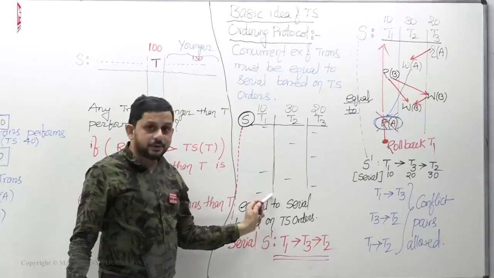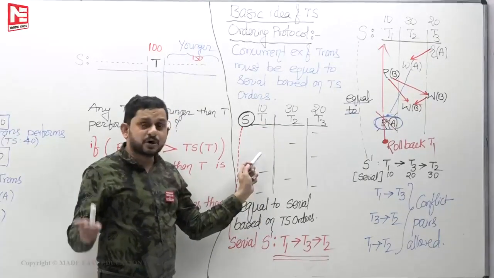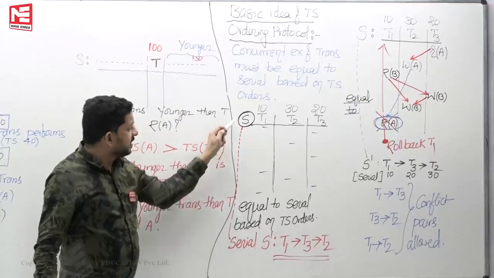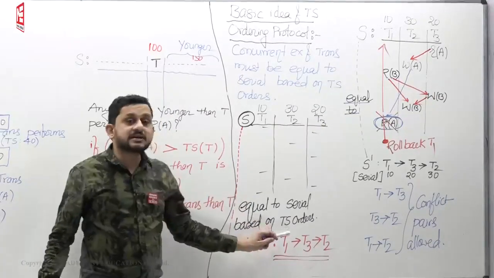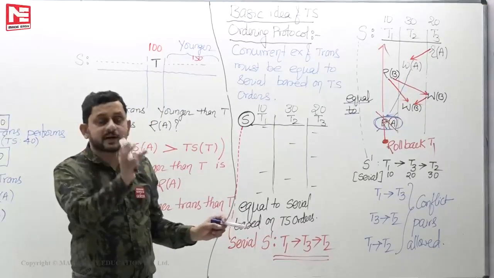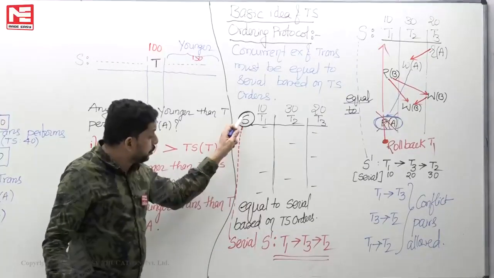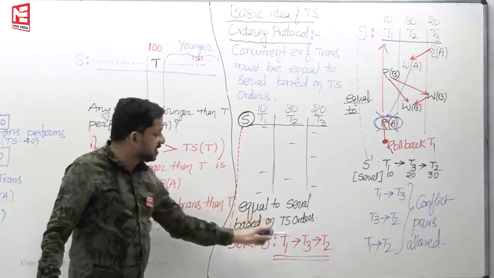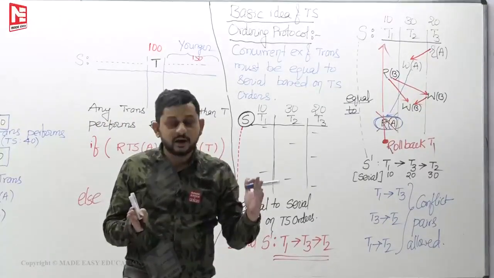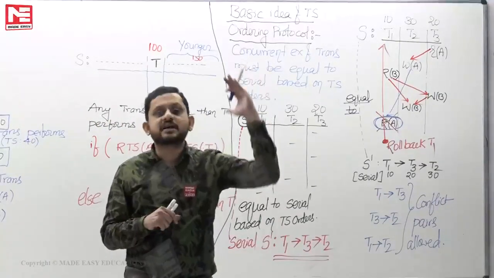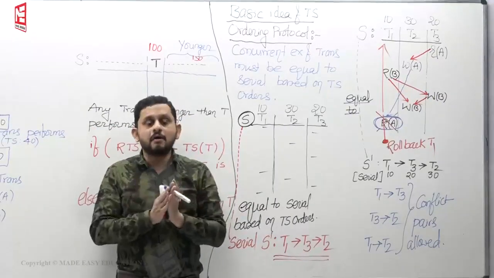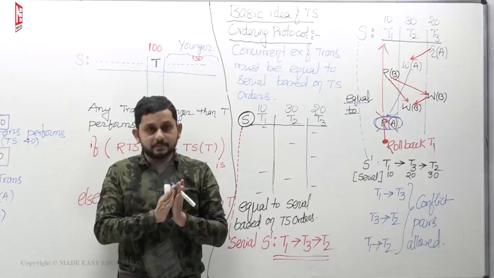Concurrent execution is allowed, but the concurrent execution of read and write requests should not violate equality to the serial schedule based on timestamp order. If, because of a read request or a write request, the schedule fails the equality to the serial, the corresponding read or write is not allowed, and the related transaction gets rolled back. So this is the basic idea of timestamp ordering protocol.